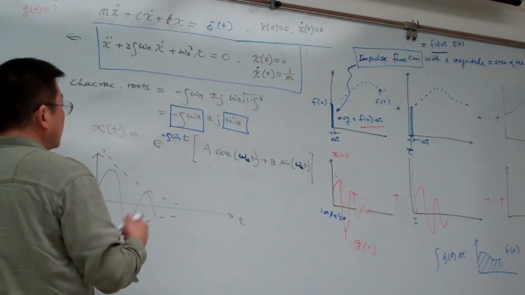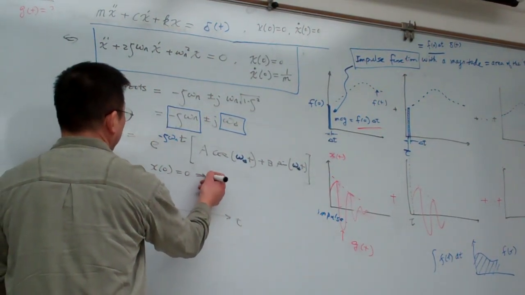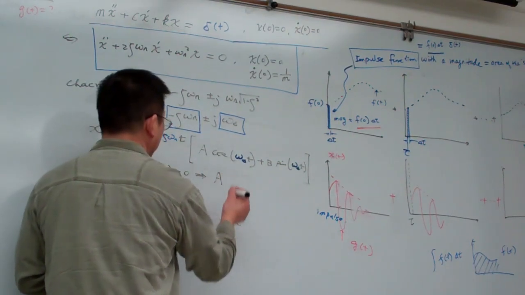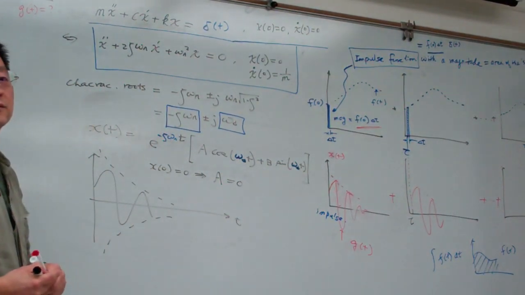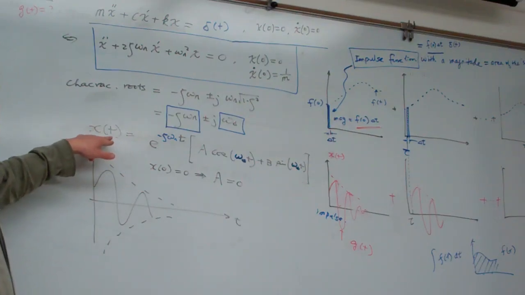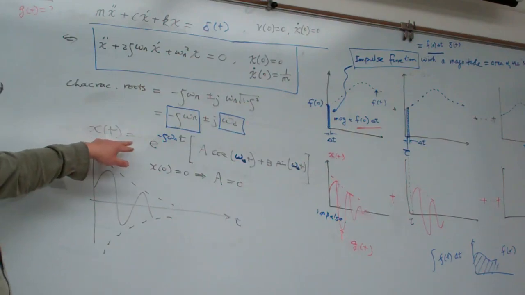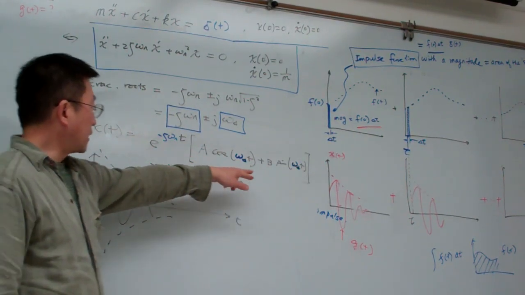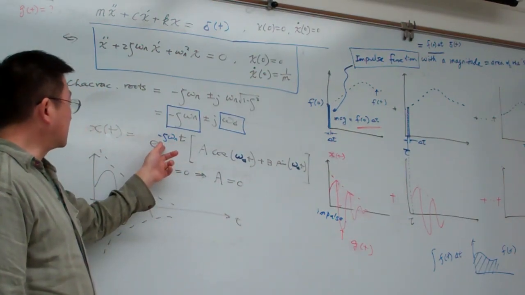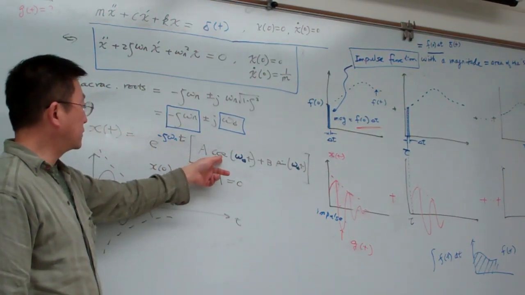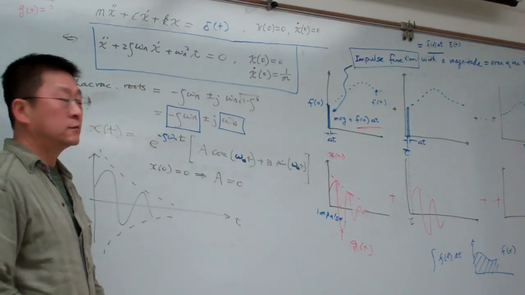So here, x0 equals 0. From here you can see A is equal to 0 right away. You introduce time t equal to 0 into these equations, and sine 0 is gone, and this becomes 1 times A times cosine 0, which is 1. So A equals 0.